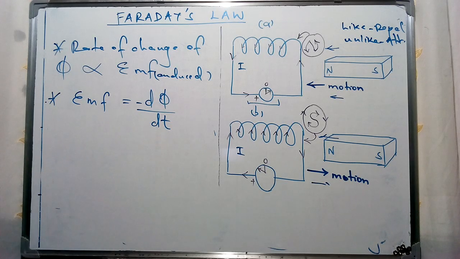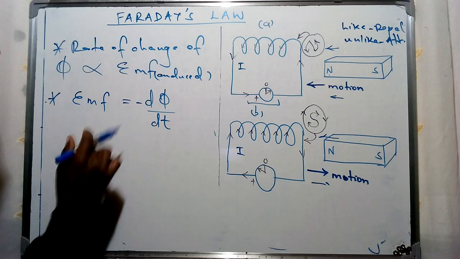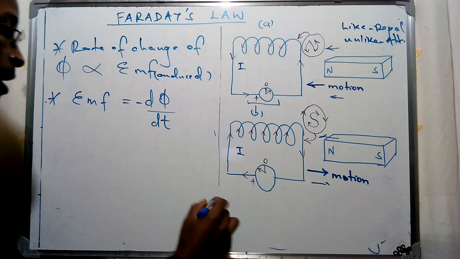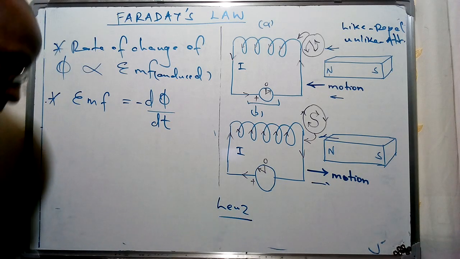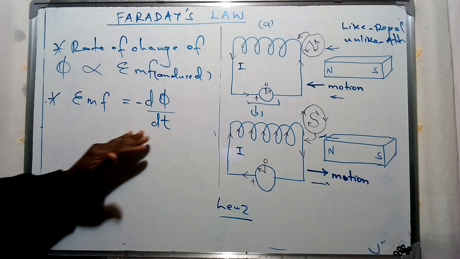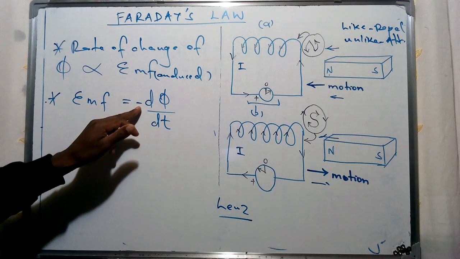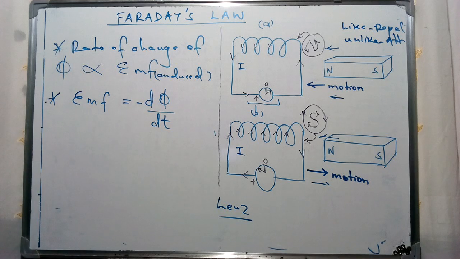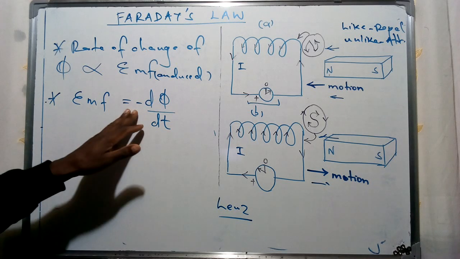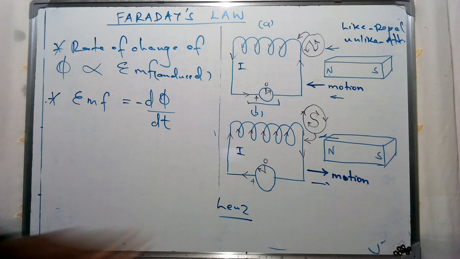And I've introduced a negative sign. Remember, from Lenz's law, we mentioned the concept of opposition to the change causing it, and this implies the opposite direction, which is derived from Lenz's law.